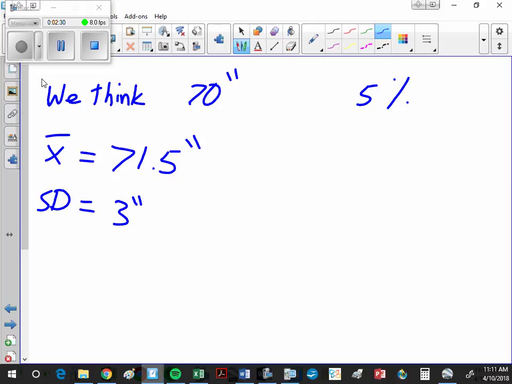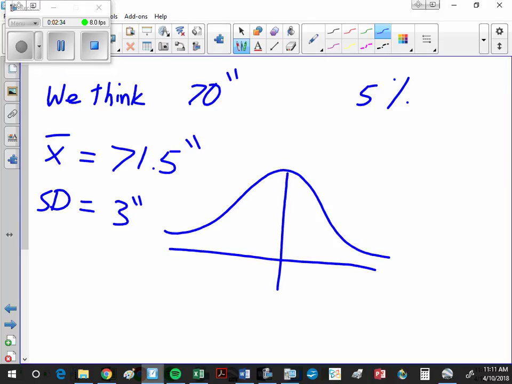So I draw my curve, and I assume that the middle of the curve is 70. But when I did my survey, I ended up with 71.5. And I'm hoping that the area to the right of 71.5 is bigger than 5%.